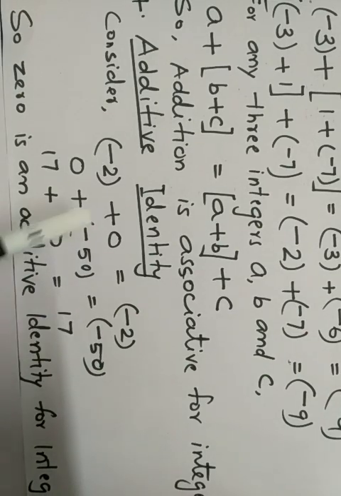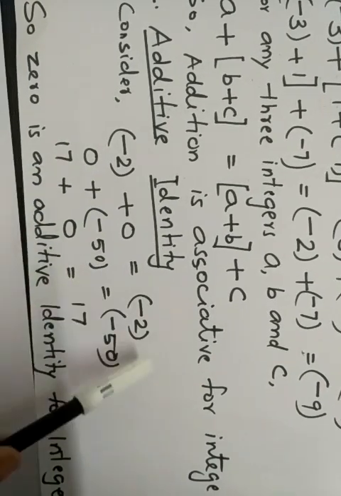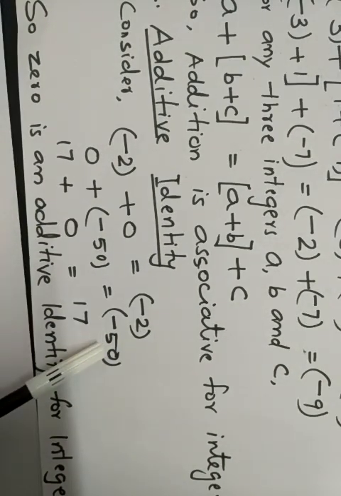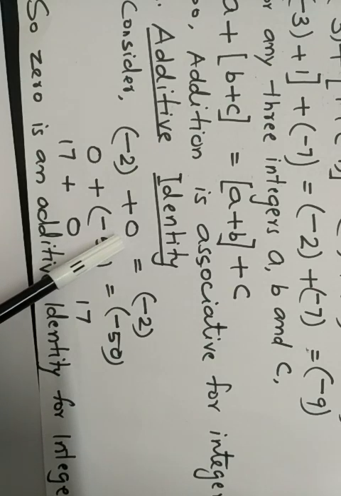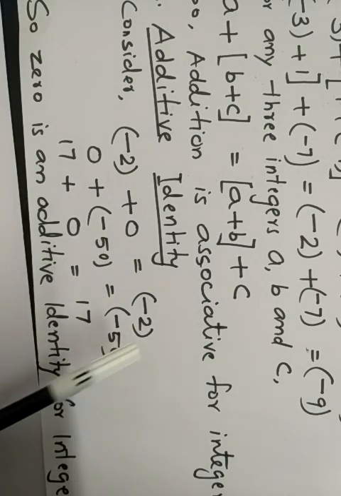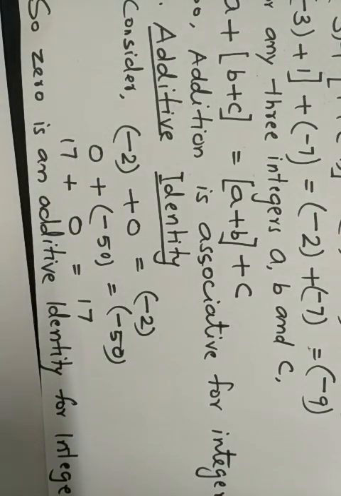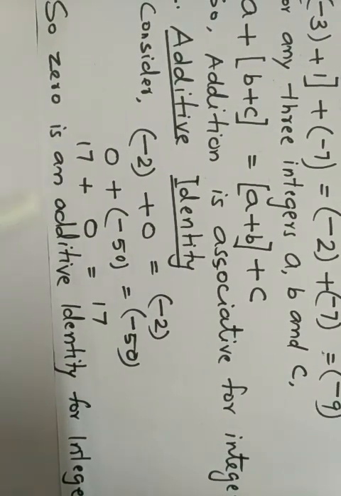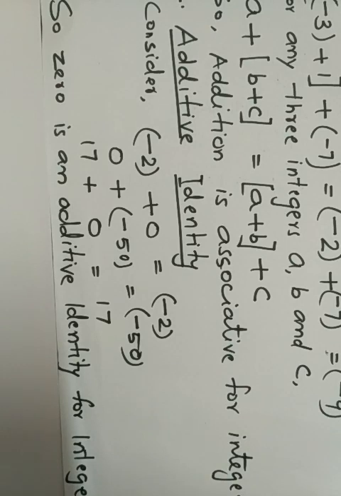What you can see, when we add 0 to any integer, the sum is the same integer we added. So therefore 0 is an additive identity for integers.